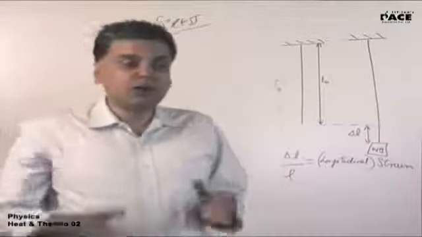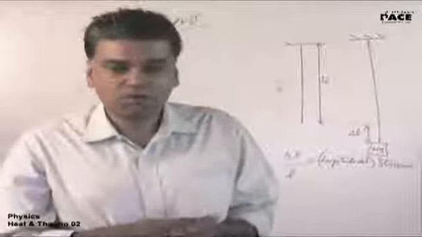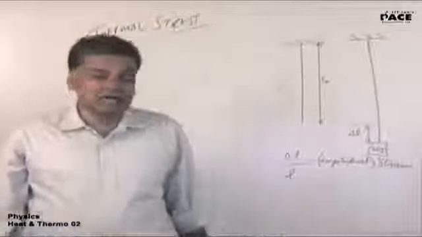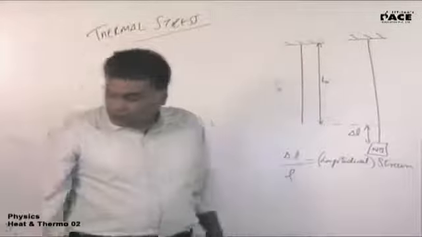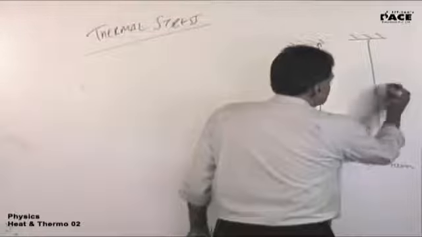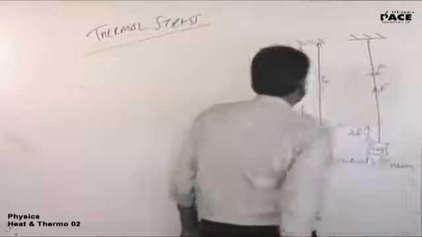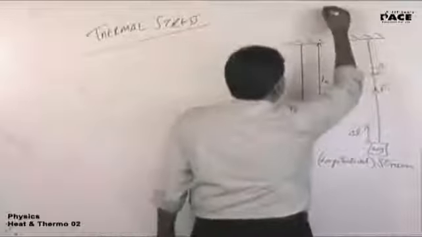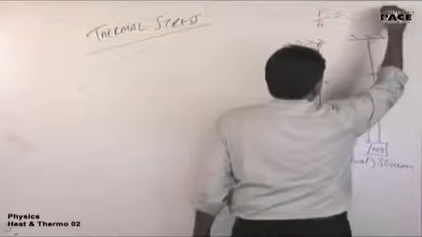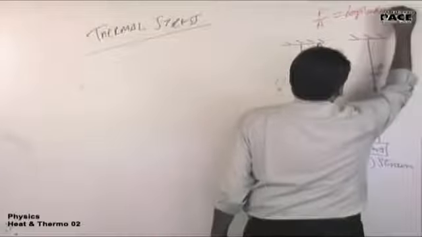The property of a body to recover its original shape is called what? Elasticity. That is your elasticity. So the wire has elasticity. Why does the wire go back? Because there is a certain force involved here, and this area of cross section we can call A. The force which comes up when a load is put on it is called stress, or to be precise, in this case, longitudinal stress.